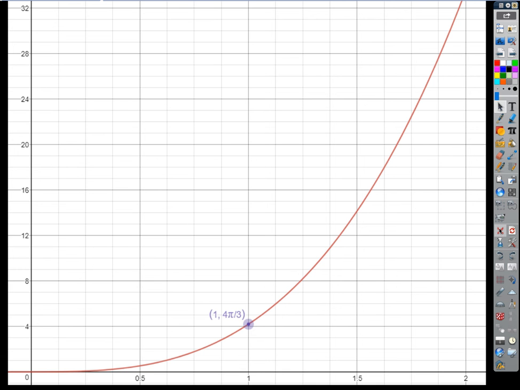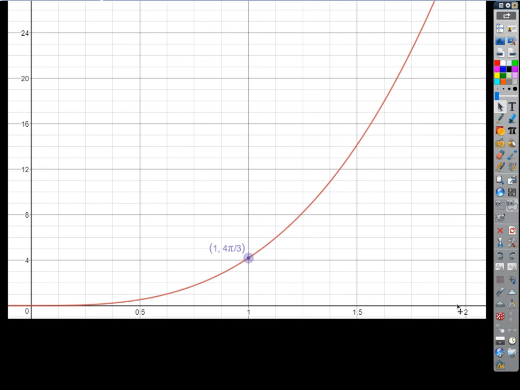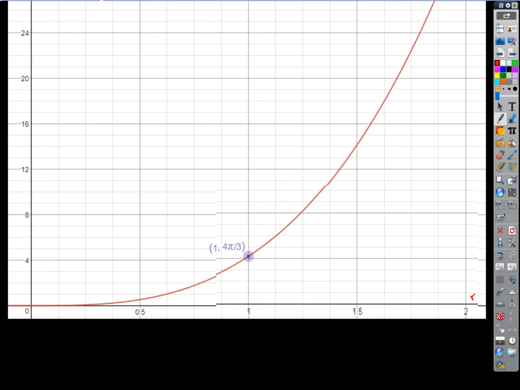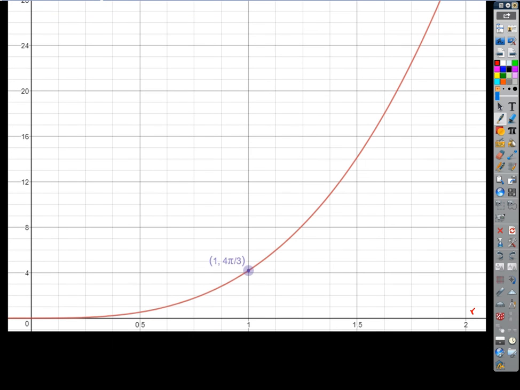On the vertical axis, we've got V. On the horizontal axis, we've got R. You don't see it there, but there's an R. Doesn't that make sense? We're inputting values of R and outputting values of V. So for example, if we input a value of R equals 1, we're going to get an output value of 4/3 pi for the volume.